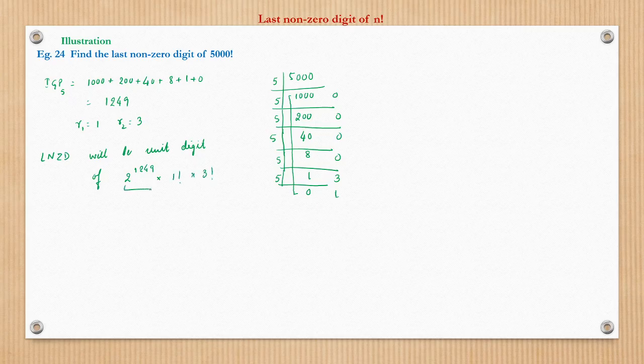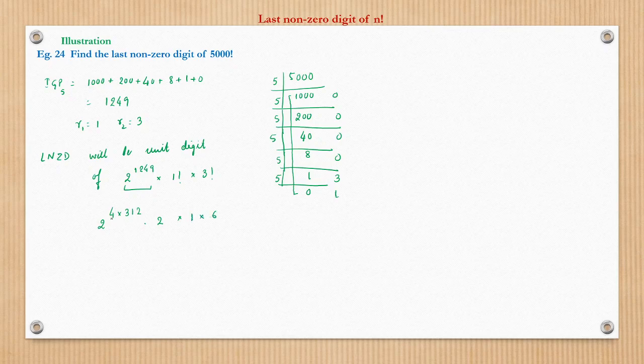This might seem intimidating, but we know that cyclicity is 4, so we will write this as 2 raised to power 4 into 312, and then again 2 raised to 1, because if we divide 1249 by 4, the remainder would be 1. So this way we have broken this into 1 factorial is 1, 3 factorial is 6.